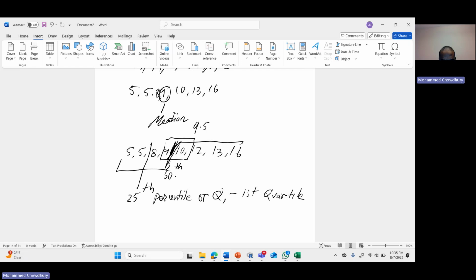Similarly, this is the second half. If you find the median of that, which is here, 12 plus 13 divided by 2, it is known as the 75th percentile, or Q3, known as the third quartile.